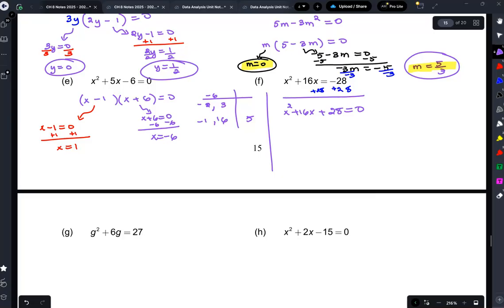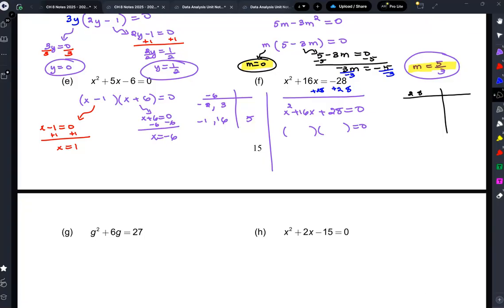Okay, so now let's factor this. So I need the factors of 28. And you know what? Always go in order. Here I have x. I have pluses everywhere, so these are going to be pluses.